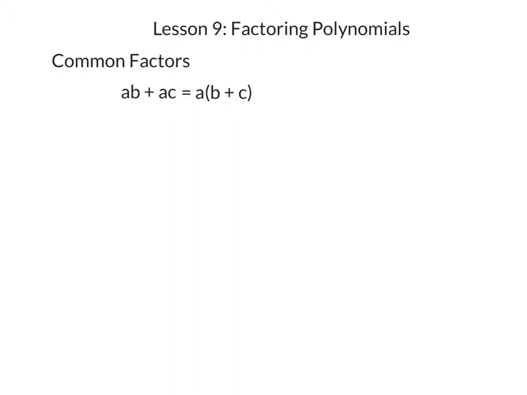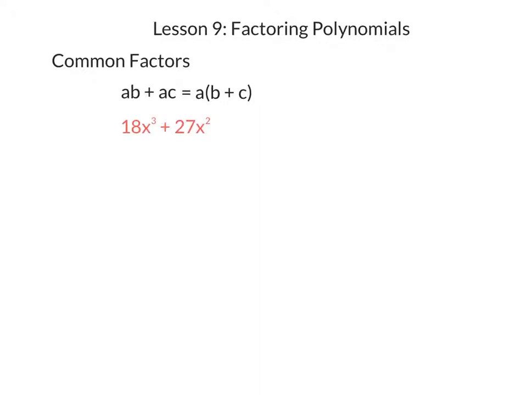And if you do that, you get A parentheses B plus C. Now, whenever you're factoring, another thing to note is that you can always go backwards and check your results. For example, if I were to distribute the A to the B plus C, I would get back to AB plus AC. So you always can check your factoring to see whether or not it's correct.